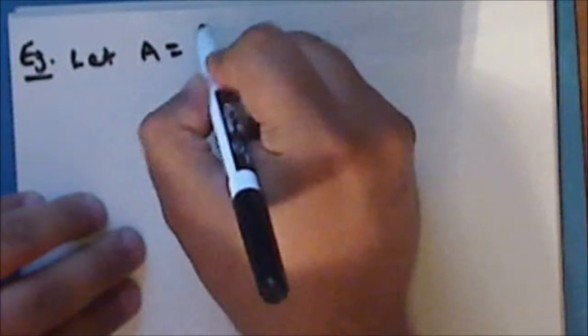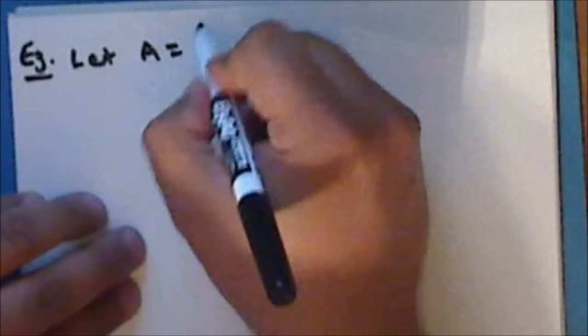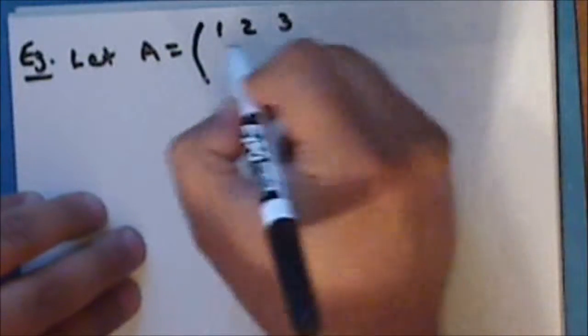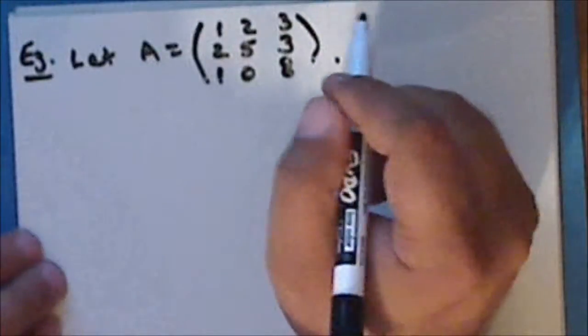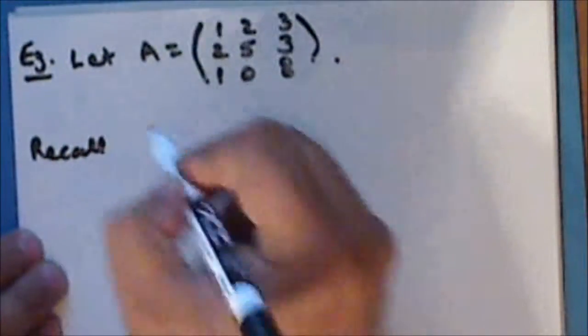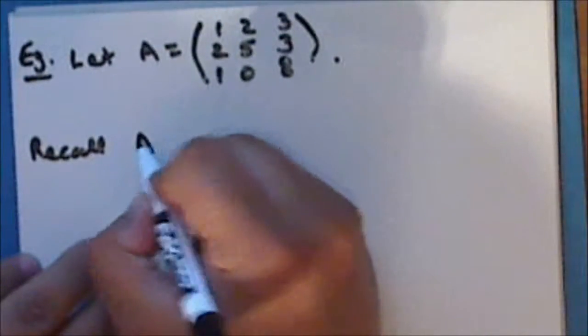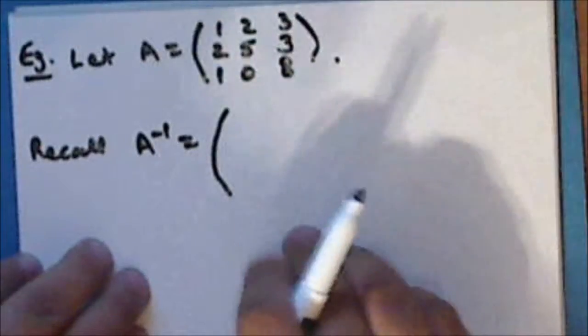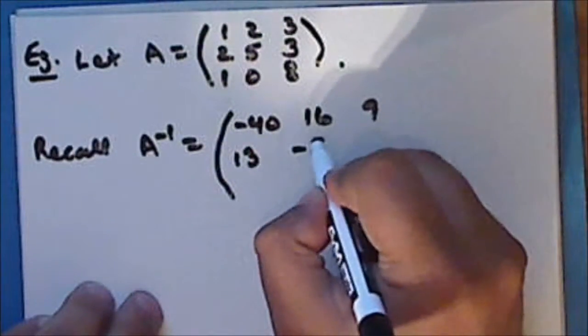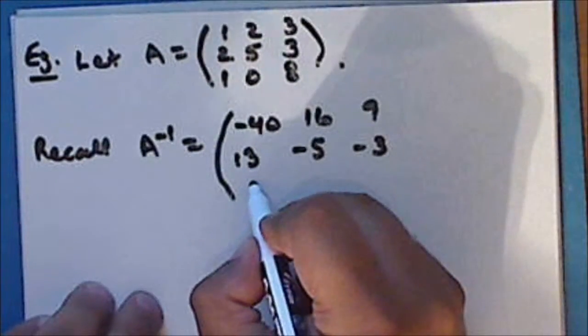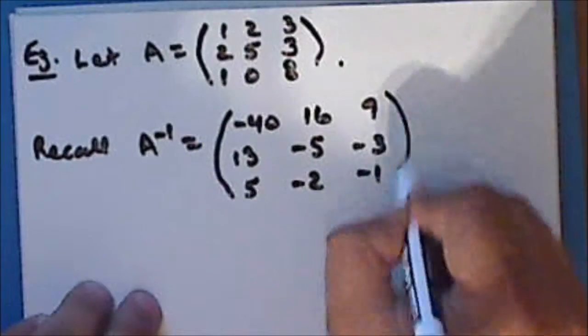So let's look at an example. Let A be the 3 by 3 matrix with rows 1, 2, 3, 2, 5, 3, 1, 0, 8. Recall that the inverse of A is the 3 by 3 matrix with rows negative 40, 16, 9, 13, negative 5, negative 3, 5, negative 2, negative 1.